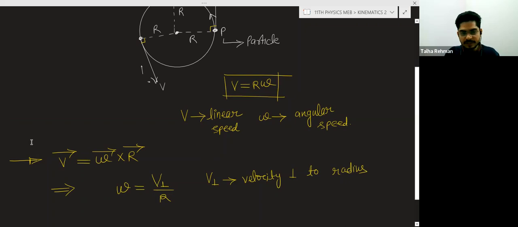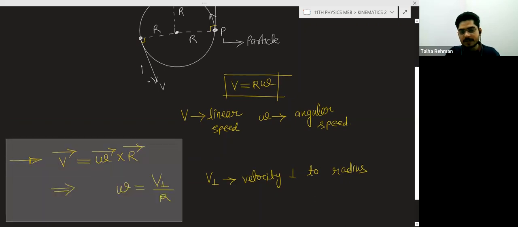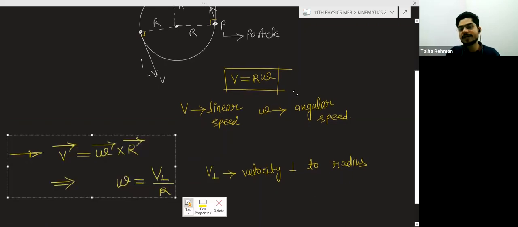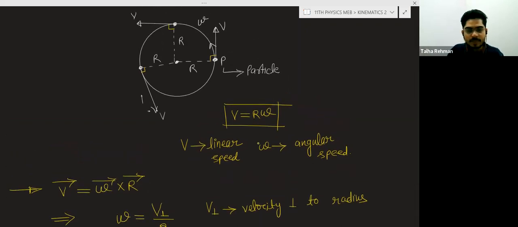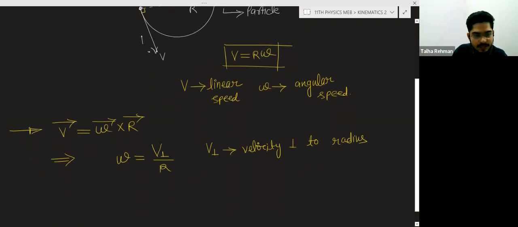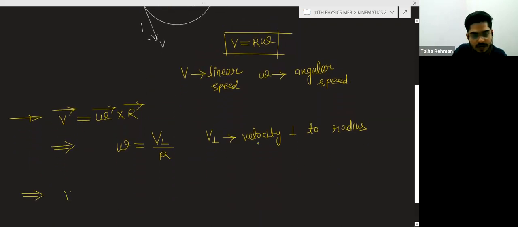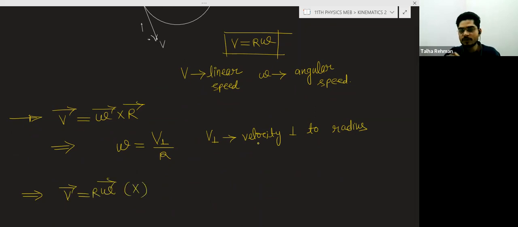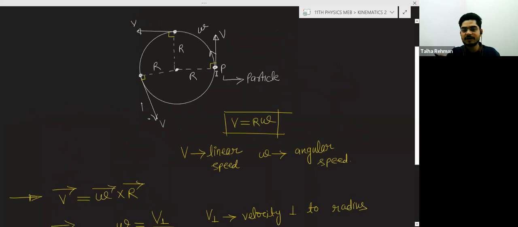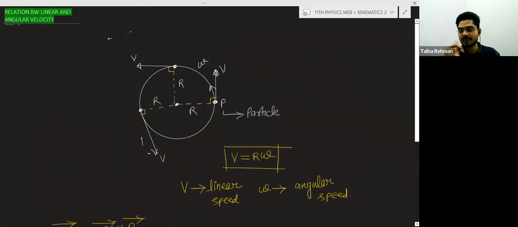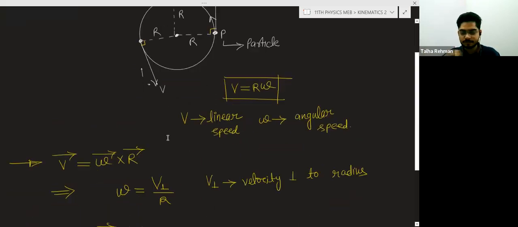These relations are always valid, but the relation v equal to r omega is valid only in case of circular motion. And remember that if someone is saying I can always write v equal to r into omega, this is wrong. Why? Because the direction of velocity is different and the direction of omega will be different. You can see here that velocity is in this direction and omega will be towards you by the right hand thumb rule.